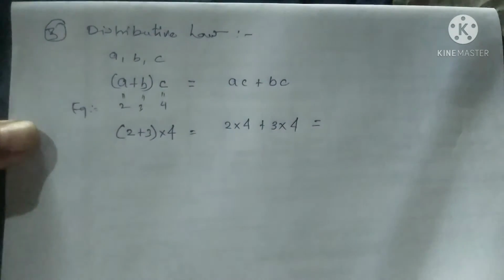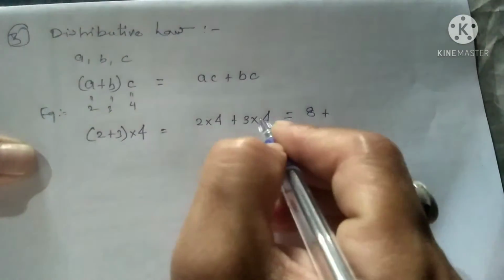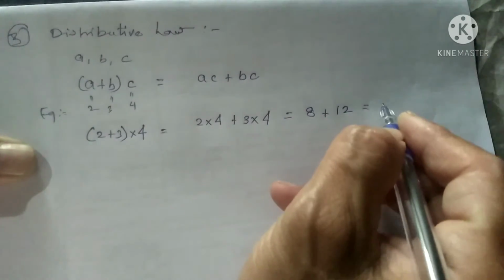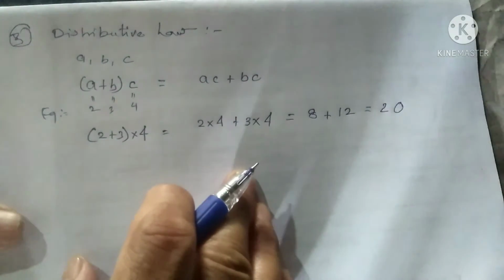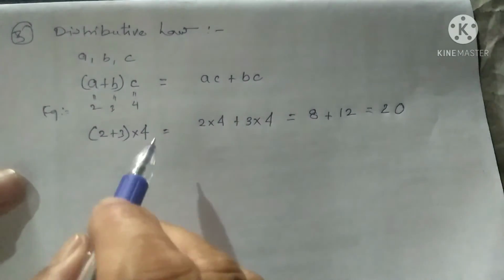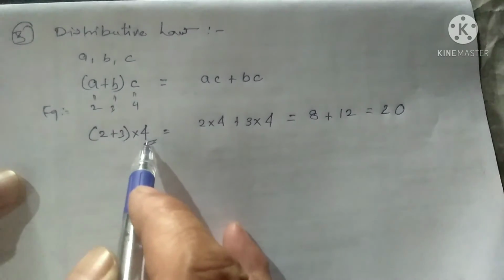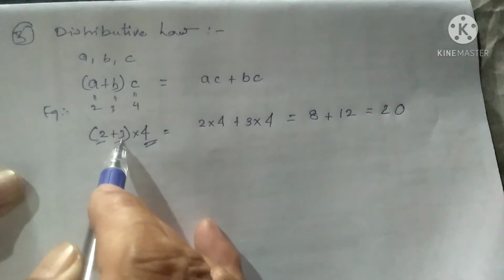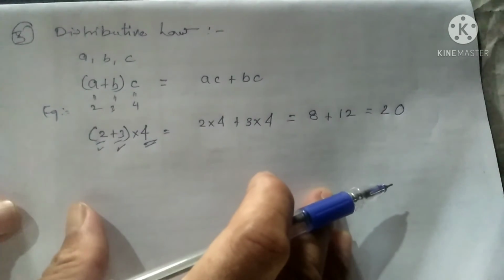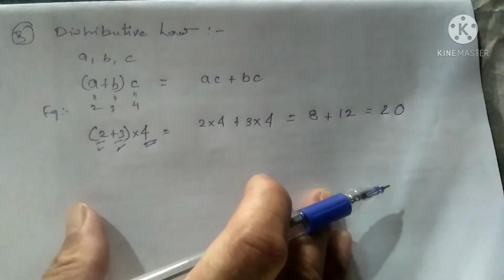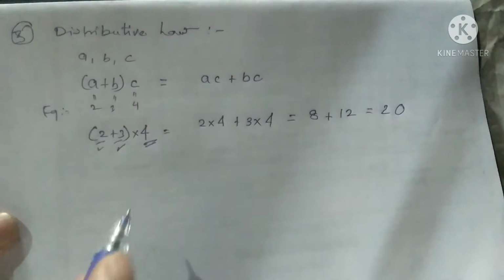The ultimate answer will be 2 4s are 8 plus 3 4s are 12, which gives us 20. In either case it is 20. That means the number 4 is equally distributed to both the real numbers 2 and 3. Yes, the distributive law is applicable here as well. It is justified.